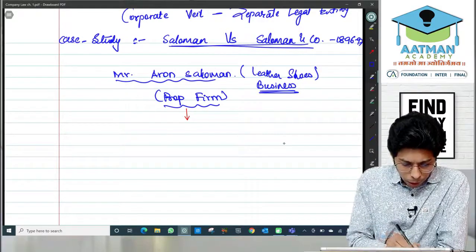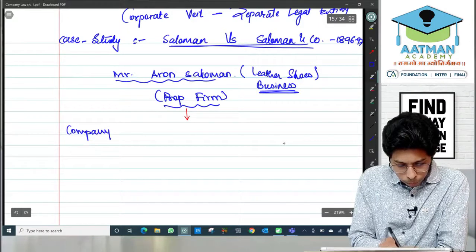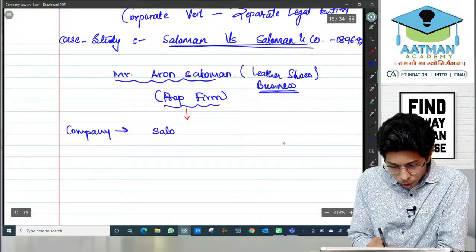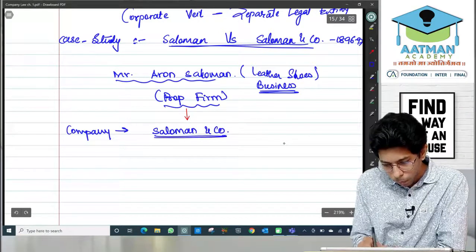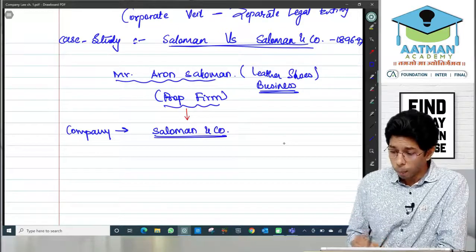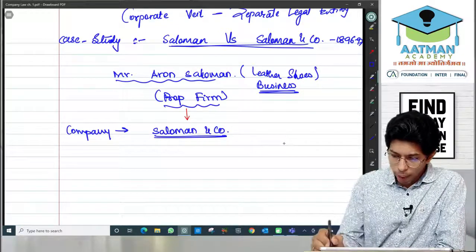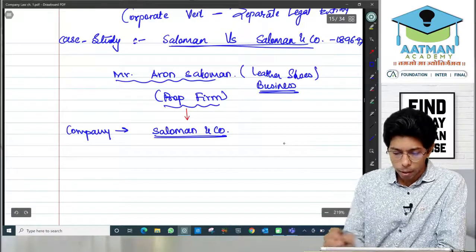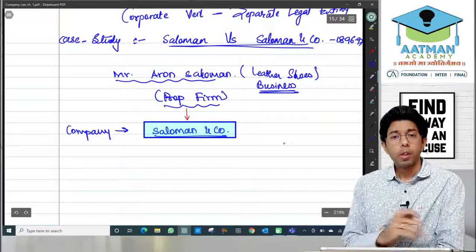So he decided to frame a company called Saloman and Company. Saloman and Company took over the existing business of Mr. Saloman.